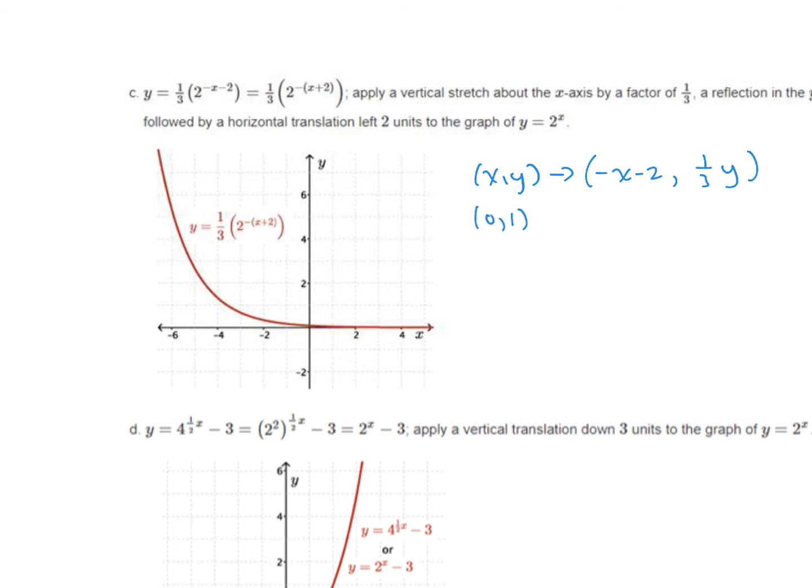So if we take that 0, 1 that we were using, the negative is still going to remain as 0, and then we're going to shift left 2, so it'll be at negative 2, and then the y will be 1/3 of 1, so 1/3. So that's left 2 up 1/3, which is approximately there. So that confirms that we did have, in fact, a horizontal shift left 2, and we had a horizontal reflection in the y-axis.